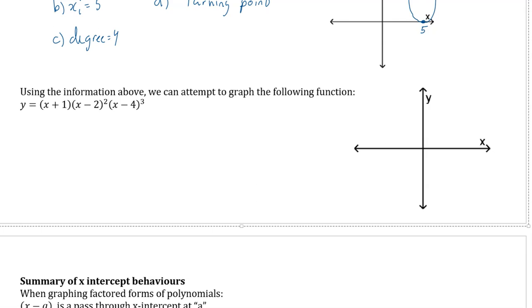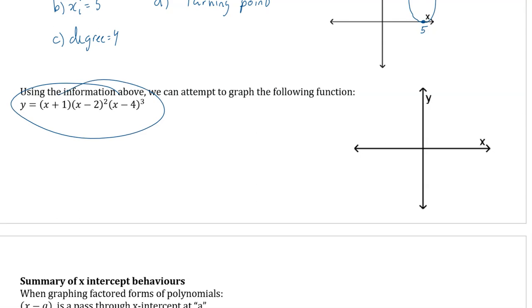Now, I'm going to help us out with the first one, but when you actually start to do this, you also have to think about the degree of the entire function and the leading coefficient to understand the end behavior. So I'm going to help us out with that part because we're going to come back to it in a minute. This function turns out to be degree 6, which is even, which means what about the end behavior?